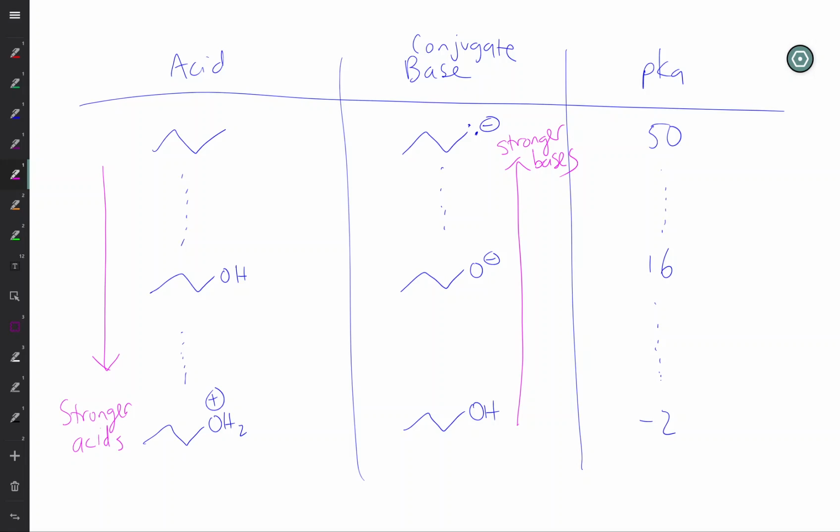If you're dealing with an acid toward the bottom of this list, it's very likely that it's going to lose H plus in a reaction. If you're dealing with a base at the top of this list, it's very likely that it's going to take H plus away from something else in a reaction. So that's the way that list works. Things at the bottom, really likely to lose H plus. Things at the top, really likely to take H plus away.